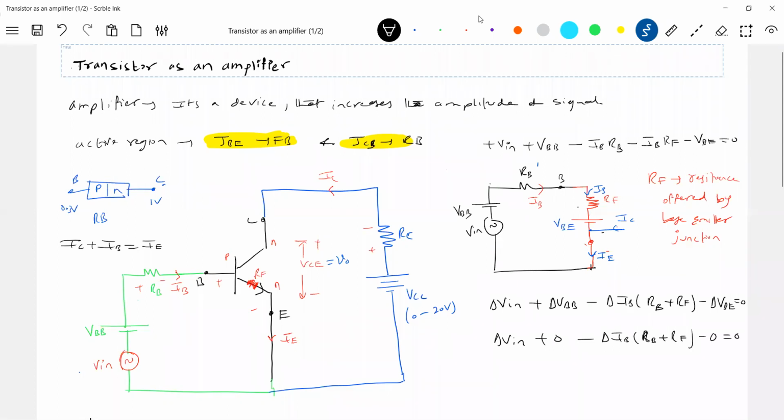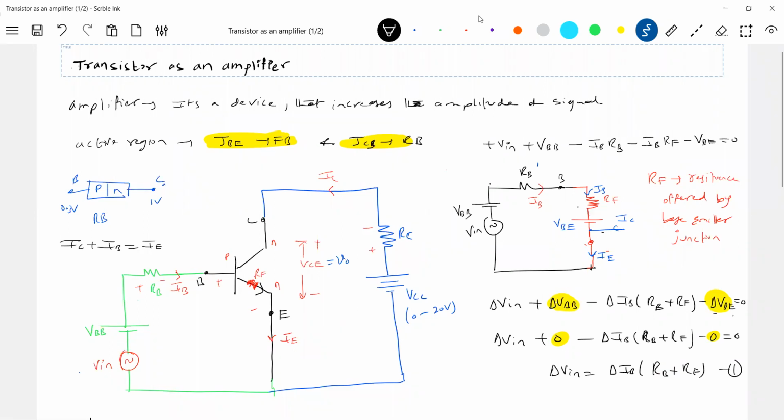Barrier potential 0.7, applied voltage 2 volt, so they are constant here. These constant terms I'll just highlight. So finally, what is delta V in? Delta IB times RB plus RF.